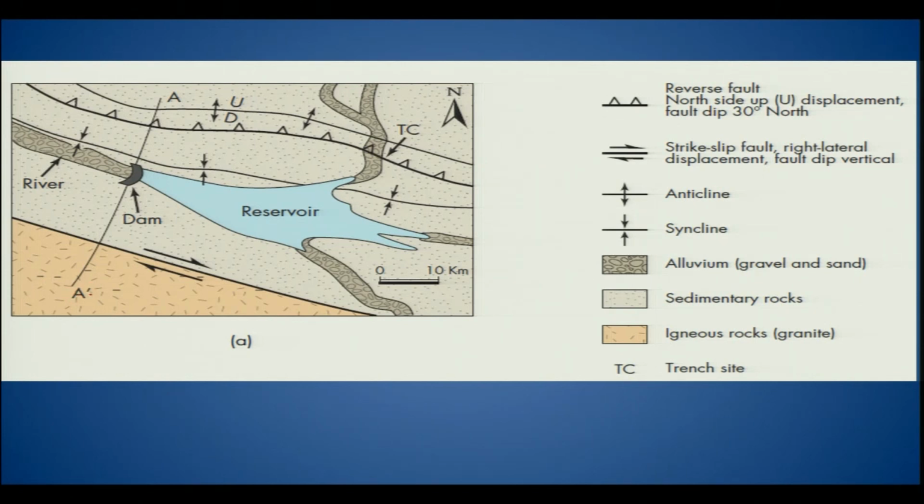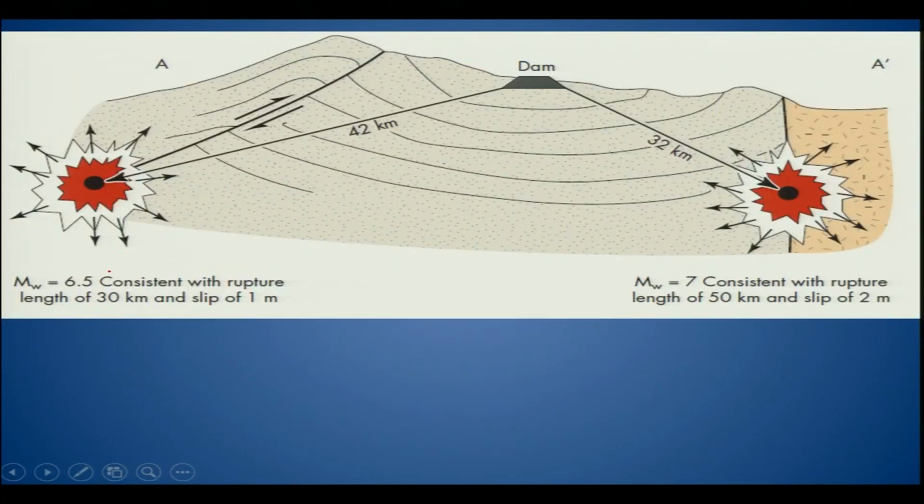You have A dash here, and A here. Towards A you have a thrust fault, and towards A dash you have a strike slip fault. So, you have a strike slip fault here and a thrust fault here. The thrust fault is exposed at a particular distance, and so is the strike slip fault.